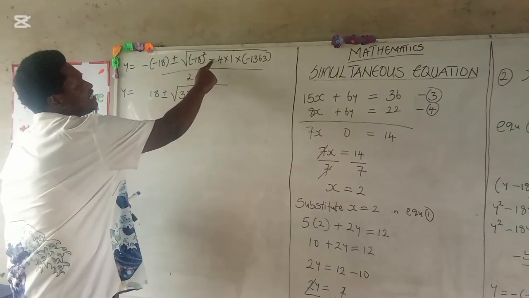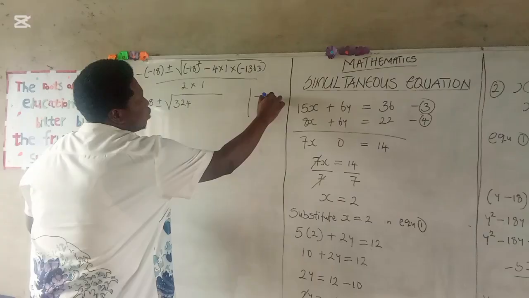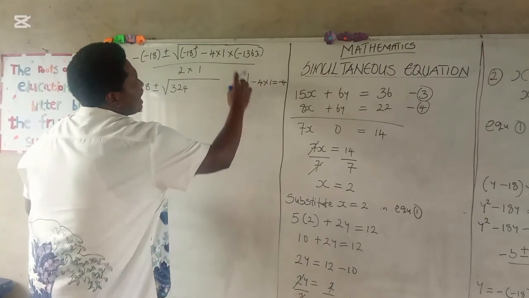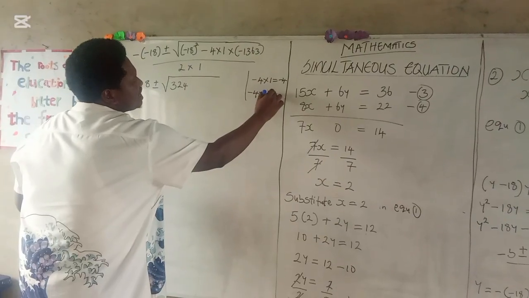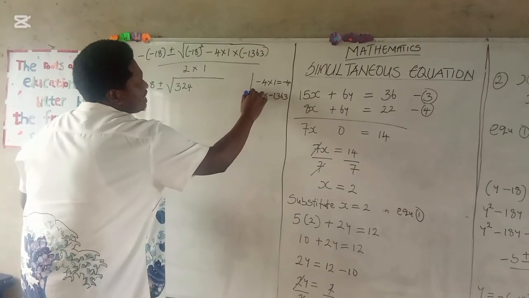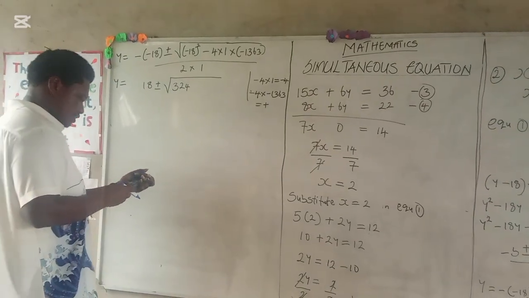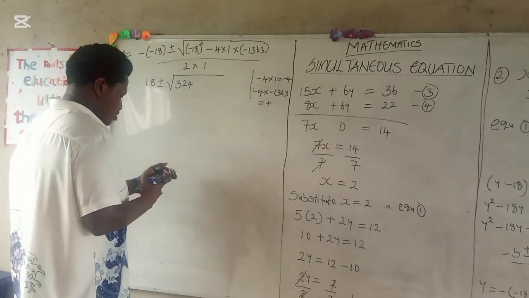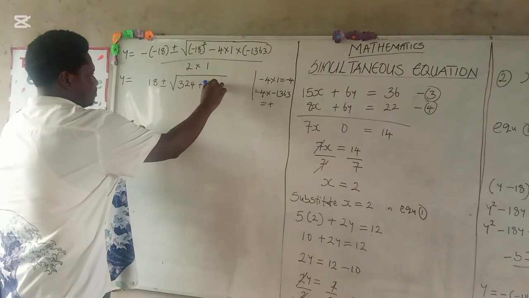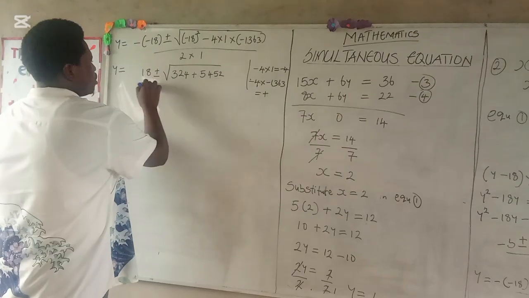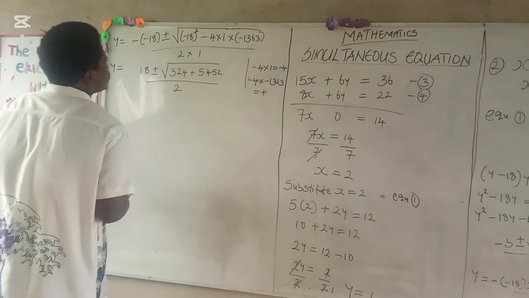This is negative 4 times 1, which will give us negative 4. And then you have negative 4 times negative 1363. Negative, we cancel negative, so we have a plus. So we have 4 times 1363, so this will be plus 5,452 over 2, because 2 times 1 is 2.